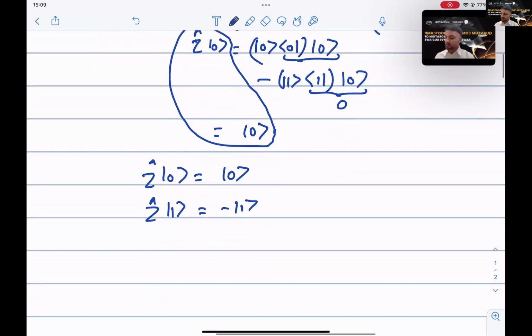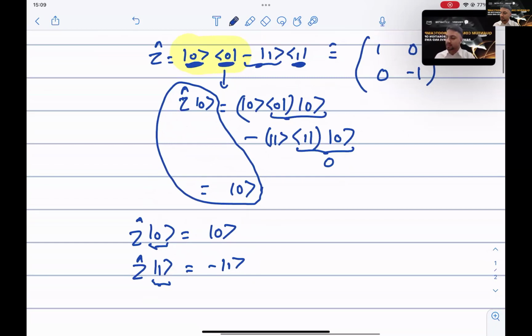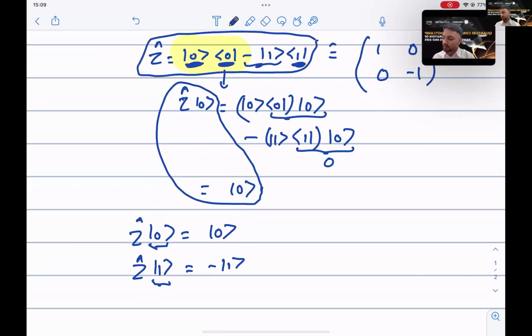It just flips the sign of 1, but leaves 0 unchanged, and that's the definition of z. We can just read it off by looking at the notation. It's a trivial fact, but this translates to all the operators written in Dirac notation.